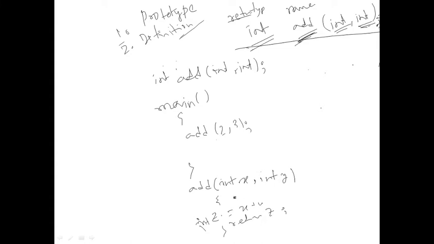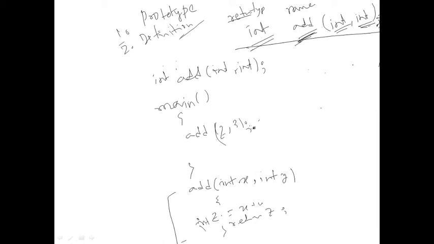So this is the definition of the function, how the function will work. Only the prototype declaration will not work. When you are calling, you must have the total definition of how the function will work.